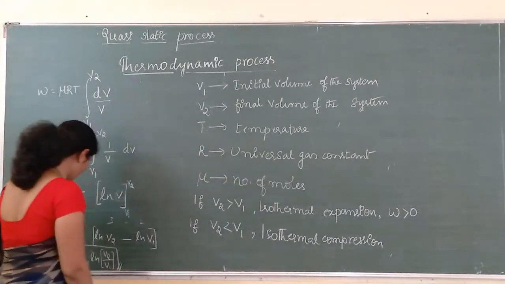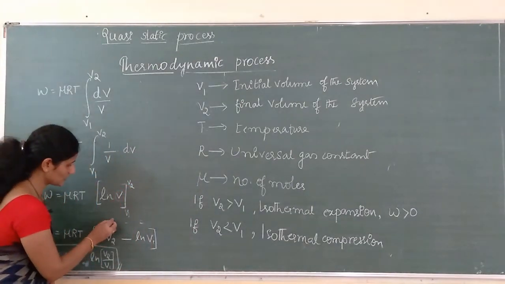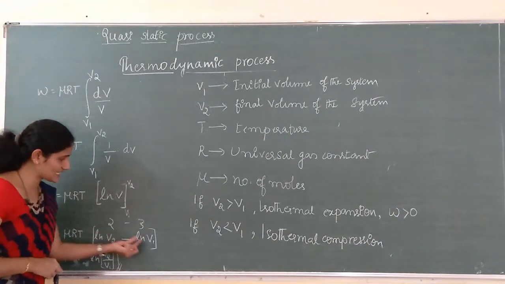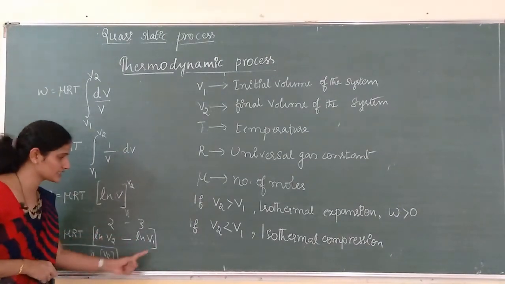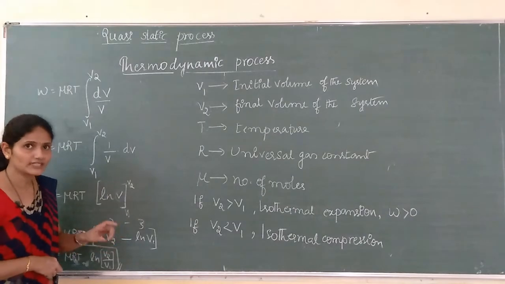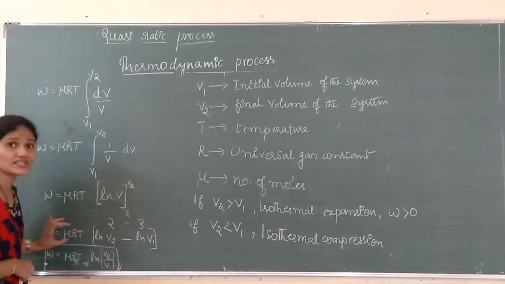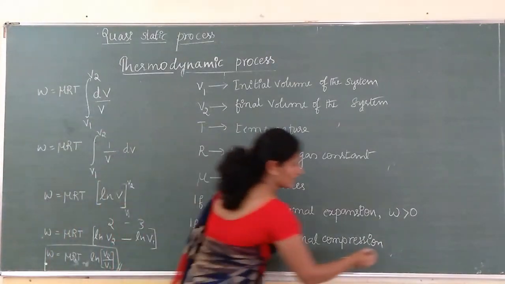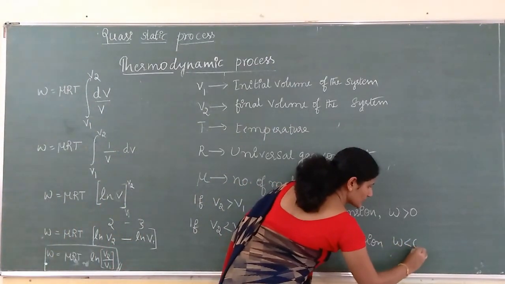If V2 is less than V1, then this quantity is negative, that means work done is negative, W is less than 0.